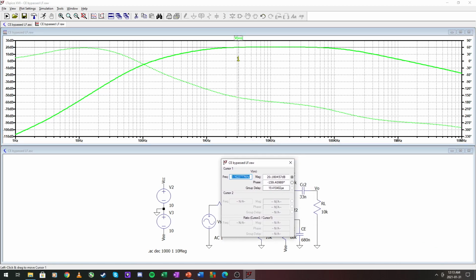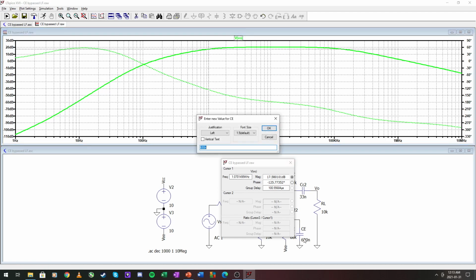If you bring up our cursor, we see that this is about 20.6 dB, so we need to be looking for 17.6 in this direction. 17.6 is around here, so that is 1.07 kilohertz. So with our selected values, this is pretty close to what we wanted it to be.